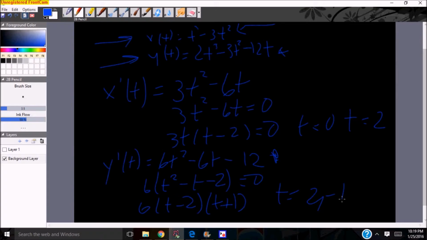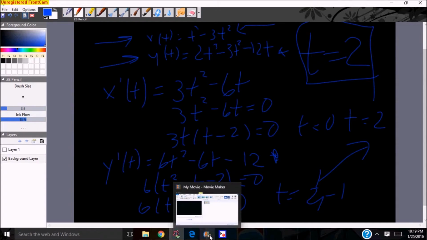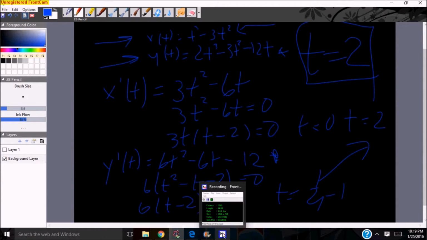The only one that matches in both for y prime and x prime is 2, so the only time this particle is at rest is when time is equal to 2. Okay? Everybody cool with that, I hope.